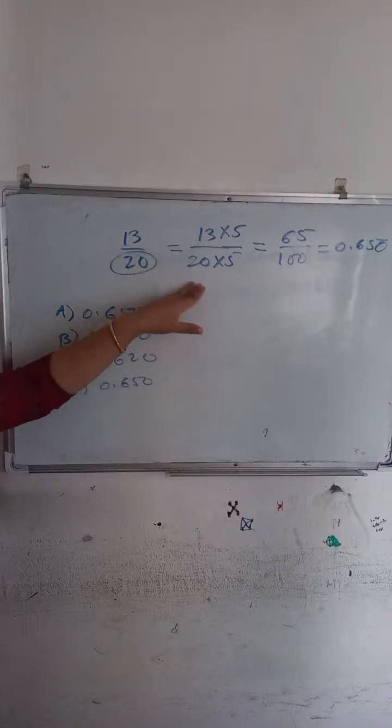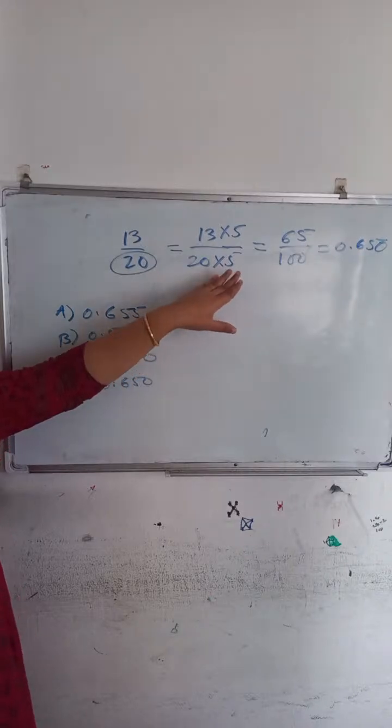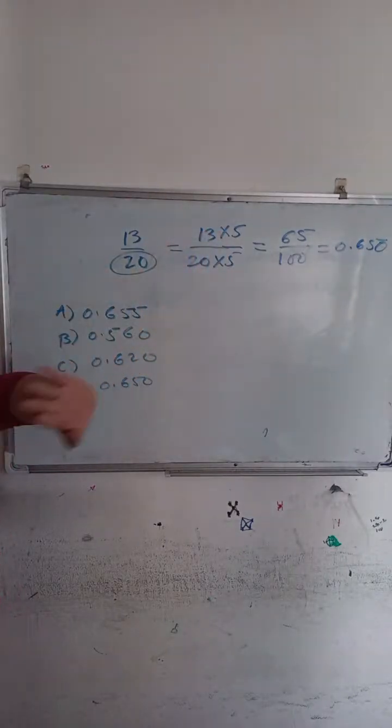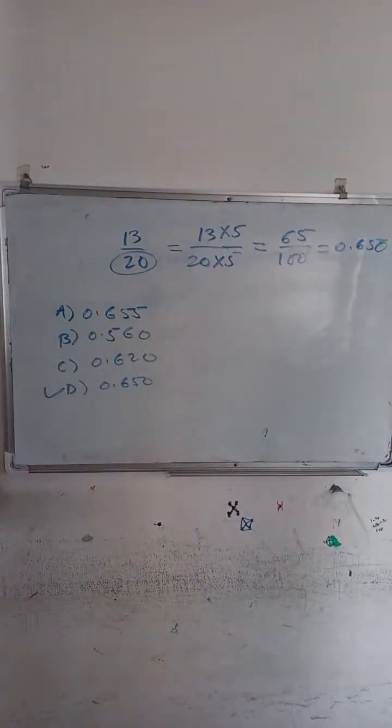Otherwise you make 100 and multiply the same number you multiplied in the denominator, in the numerator, and calculate the answer. So option D is the correct option. Okay, everyone copied this, so we can go for the next question.